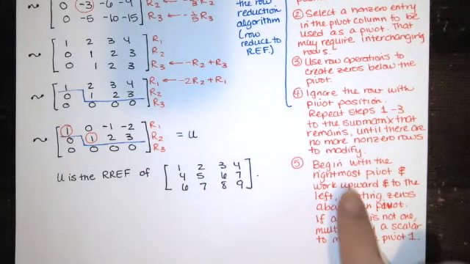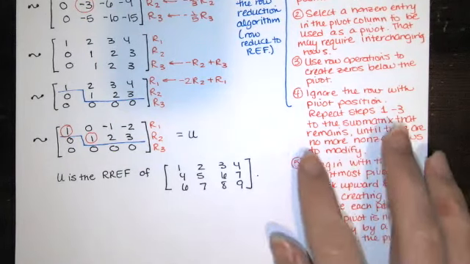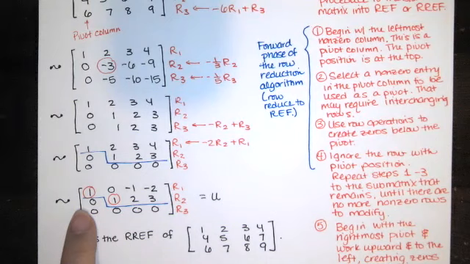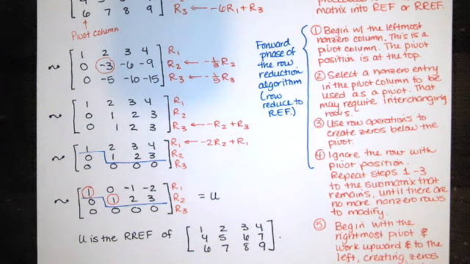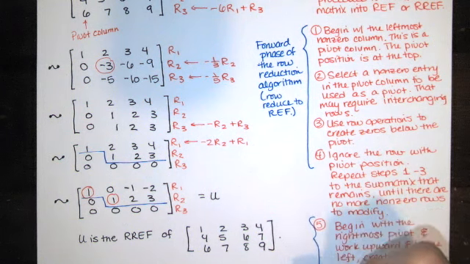Now this part of the process where we're going backwards, we start on the right and then go backwards to the left to try to get zeros above those, and then to make all of our pivots equal to 1 if they weren't already equal to 1. This is called the backward phase of the row reduction algorithm.